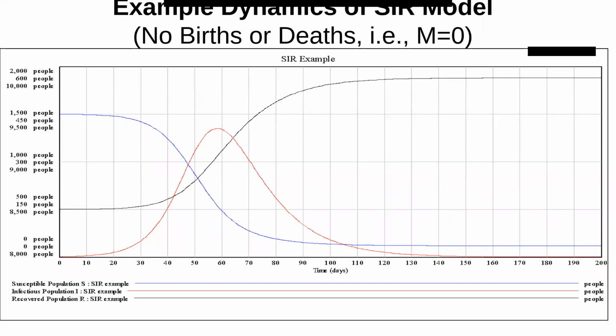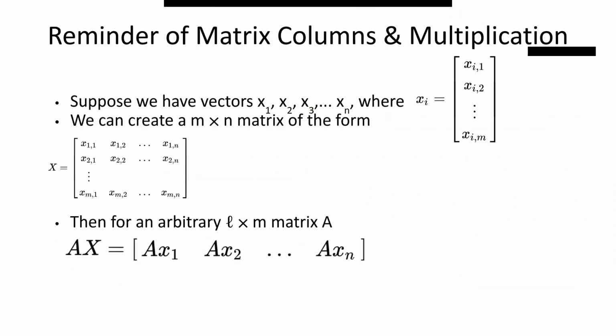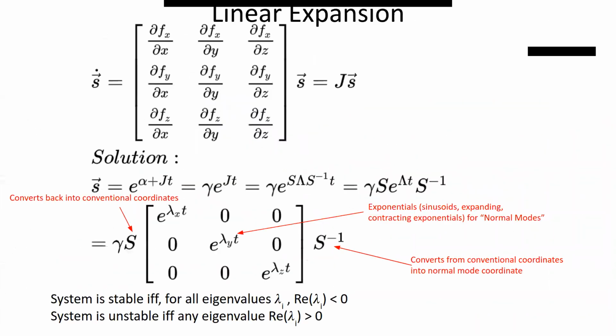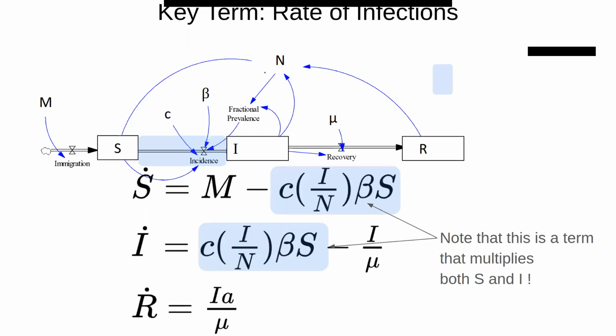So I've described some of the essential components of communicable disease models here. Their nonlinearity, the fact that they are coupled in this intrinsic form. I've tried to communicate some of the key concepts here with force of infection in terms of understanding this nonlinear term from two perspectives.